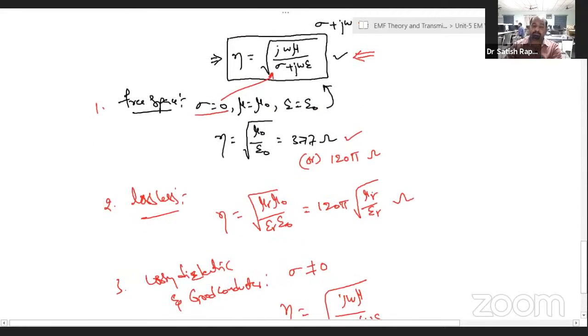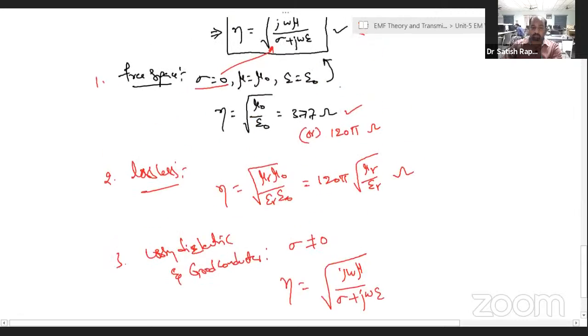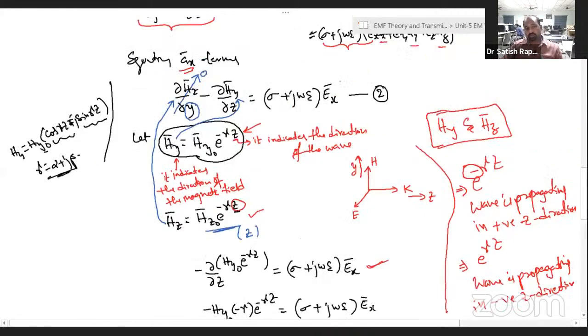That's it. So this equation we will take directly, and depending upon the sigma value, we will determine intrinsic impedance. So this is about intrinsic impedance.